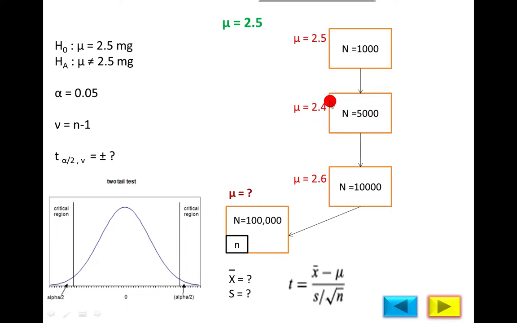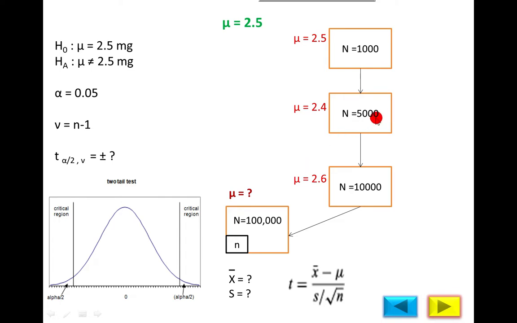This mu is used for the population mean. So this is the population mean, the total mean, because you are calculating all 5000 items. The average weight is 2.4, and according to the criteria or standard, depending on the tablet, there is no significant difference, so you can say the production is okay, there is no error.